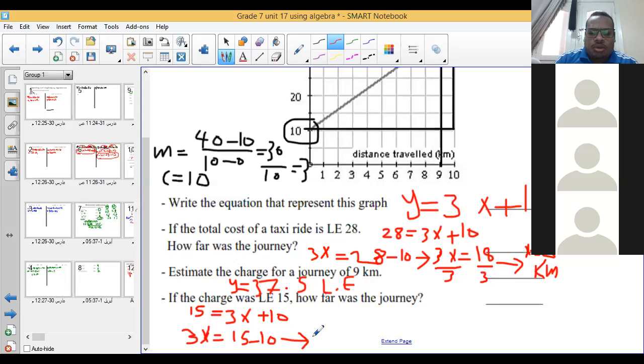Okay, so it will be 3x equals 15 minus 10 equals 5. So divide by 3 and divide by 3.